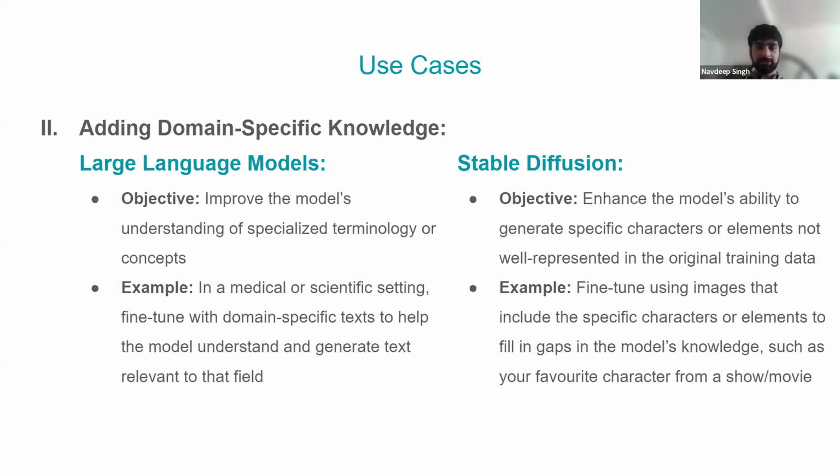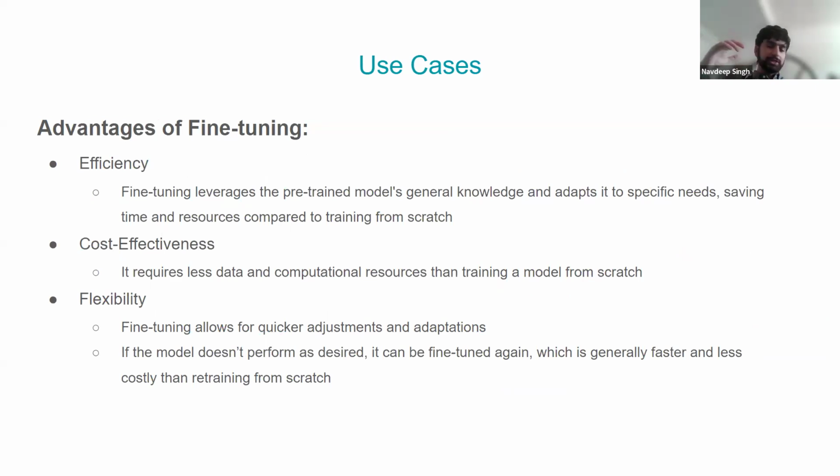The main advantage of fine-tuning as a whole is its efficiency. We're leveraging some already present knowledge and adapting it for a specific need, which saves us the time and resources of training from scratch. If you want to train from scratch, you need so much more data, and it's going to take so much longer. And if you're running this on things like RunPod, that's just going to raise costs a lot, right? And it's a lot more flexible.